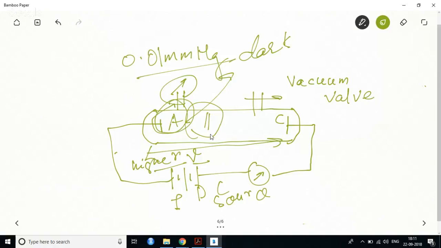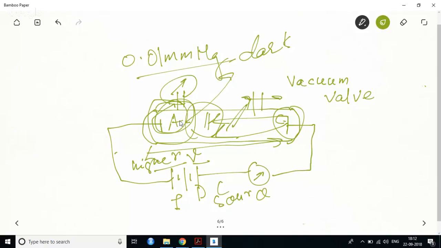At this small pressure and very high potential difference, the tube becomes dark, and you will see certain kinds of light coming out and making the anode illuminated.